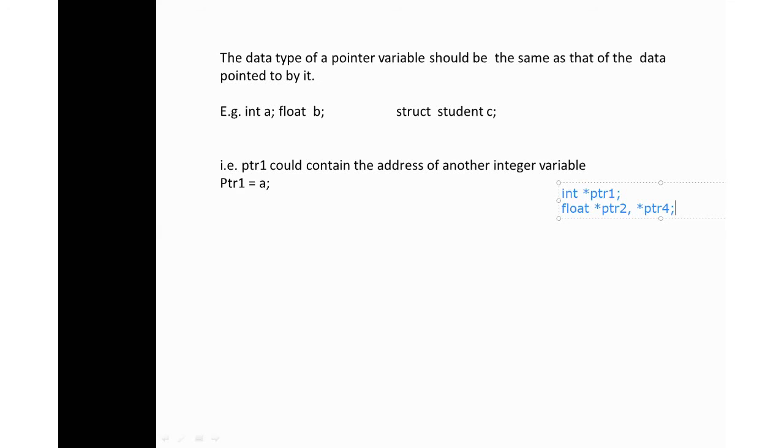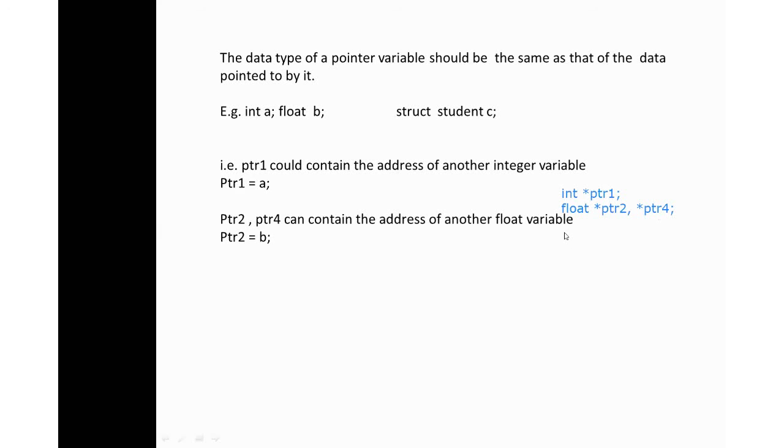PTR2 and PTR4 can contain the address of another float variable. So PTR2 is equal to B. Why PTR2 is equal to B?